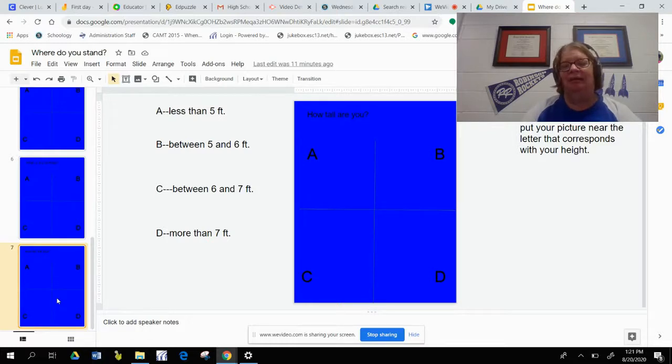Because that choice A is labeled less than 5 feet, I think we'd cover everybody, right? What if I change the wording to between 4 foot and 5 feet? Then you might have a younger sibling that's shorter than 4 feet, but because it's worded less than 5 feet, everybody would have one place to stand. That's going to fit our definition for the word we're looking for today. Okay. I think that's the last one.